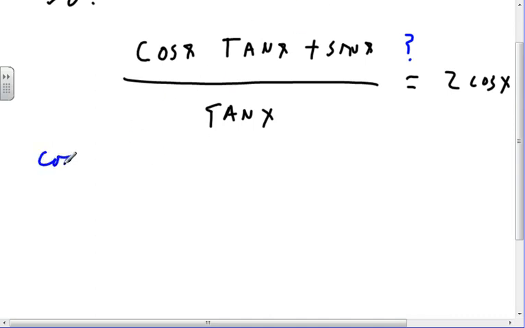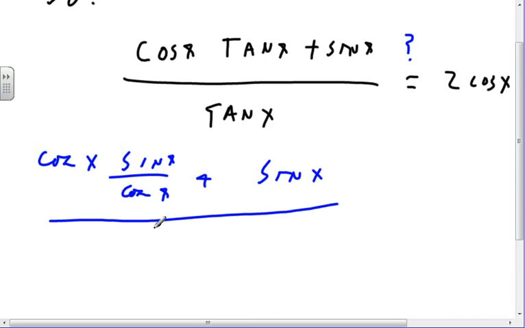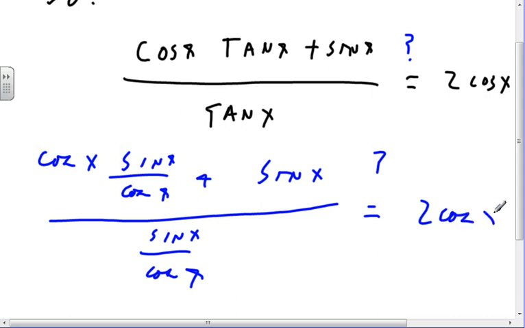So cosine x, tangent is sine x divided by cosine x plus sine x divided by sine x cosine x is supposed to be 2 cosine x. Okay, get out the red marker. He goes away, he goes away, he goes away.